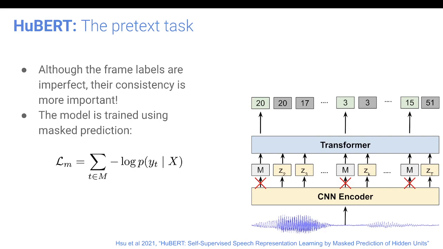Using the masked prediction loss is the key idea: it forces the model not just to listen to the input, but to relate what's happening at different time steps in order to predict the output. So in a way, the language modeling is kicking in the transformer component to learn these high quality representations.